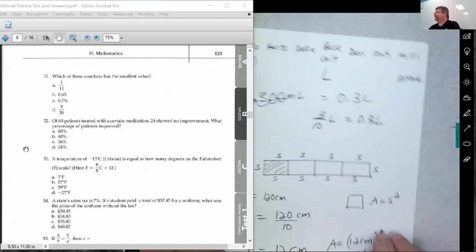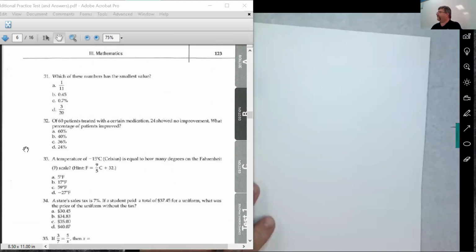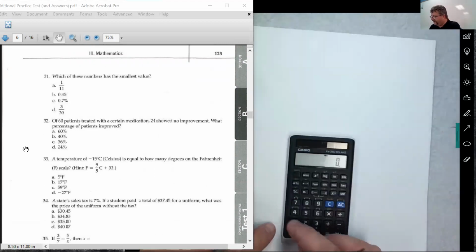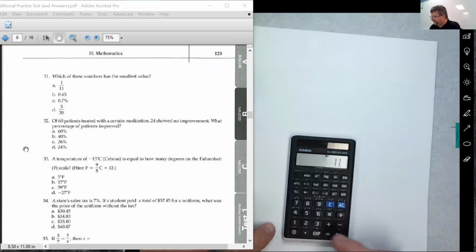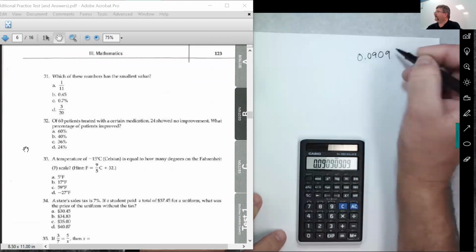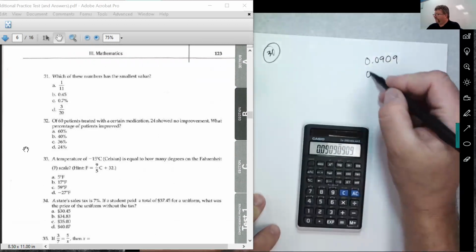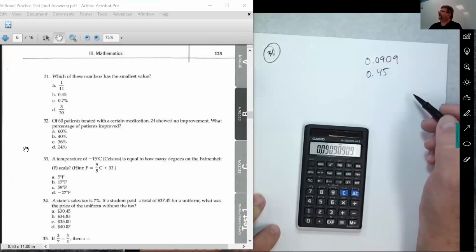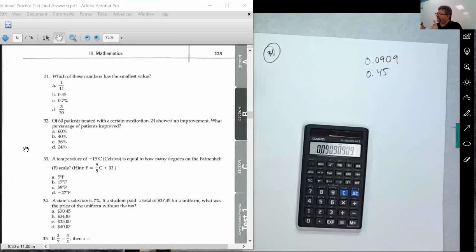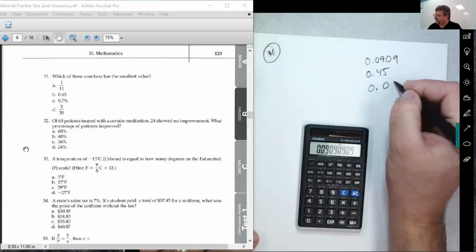Which of these numbers has the smallest value? Well, I would just do a quick trial and error process here. 1 divided by 11, that's 0.0909. Okay, this is 31. Just check out our choices. Well, 0.45, we know that's bigger without even thinking about it. 0.7% now, so 2 decimal places to the left and drop the percent sign, 0.007.